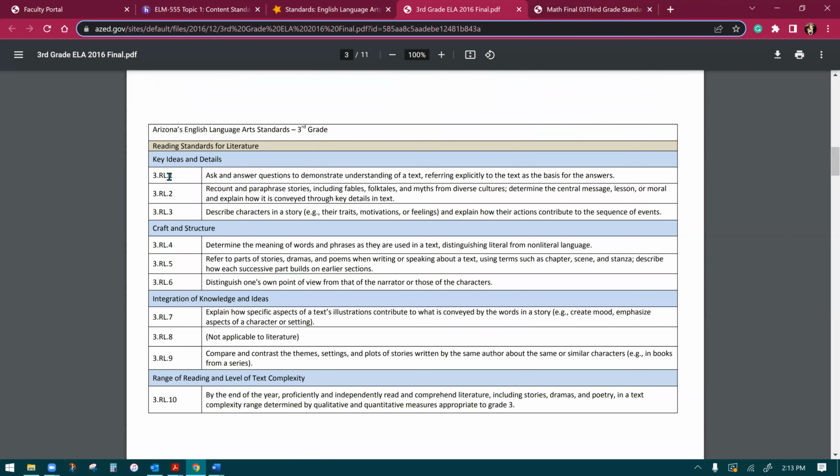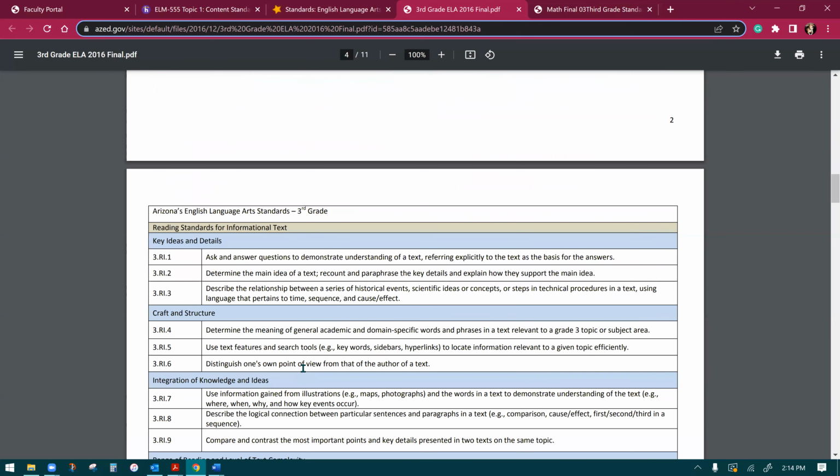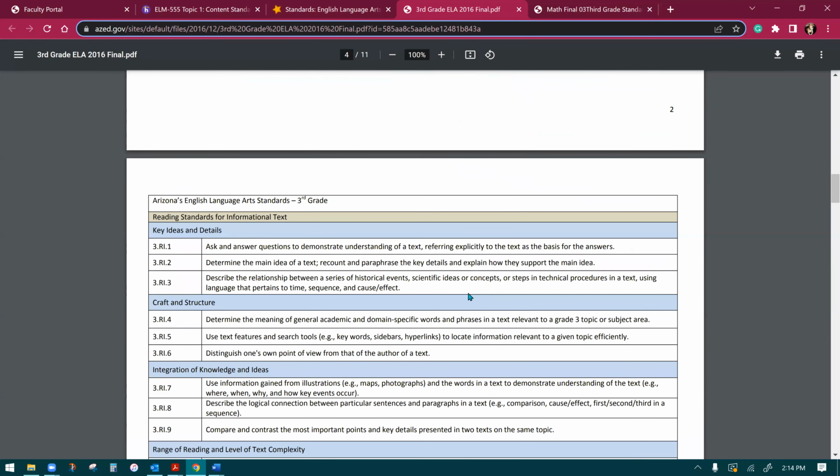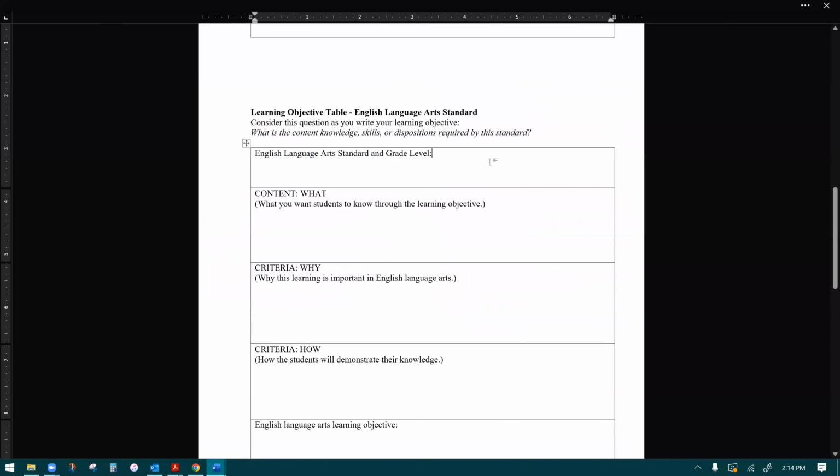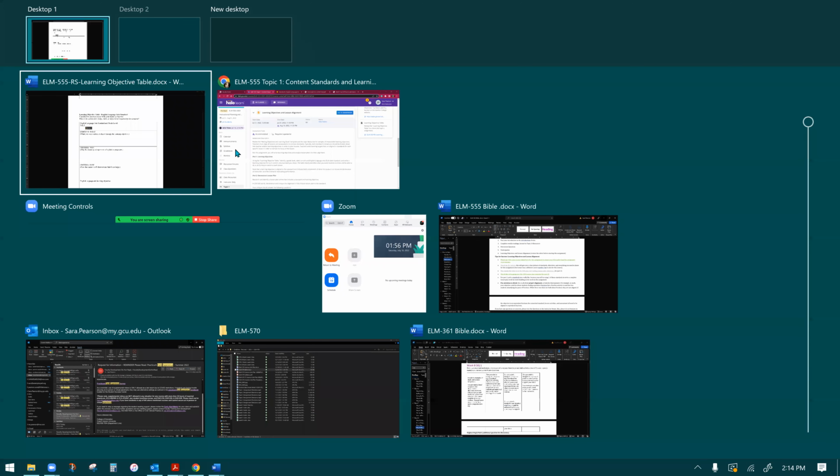So looking at my coding, RL is my reading literature and RI is my reading for information. I'm just going to go ahead and take this one, 3 RI2. And I'm going to go through that same process that I just went through.